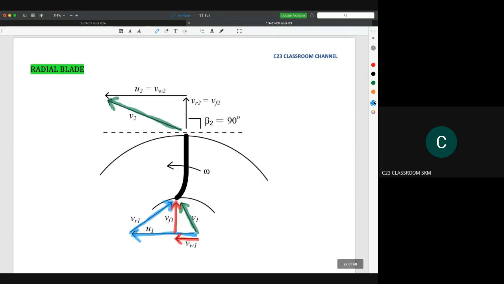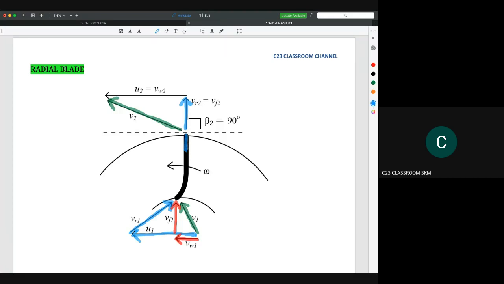However, at the outlet here, we need to split the actual velocity V2 into its components. First we split into the component of blade angle and also the impeller speed. We found that at the outlet the angle is 90 degrees, so we draw the velocity straightforward like this, because the shape of the blade here is straight like this.